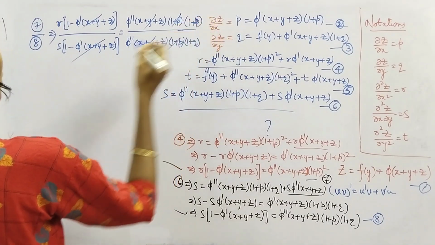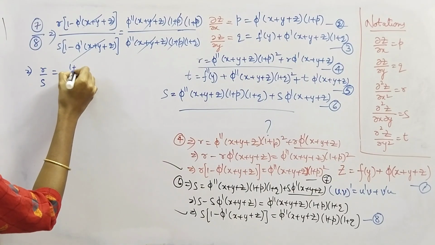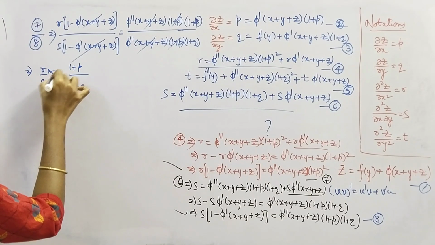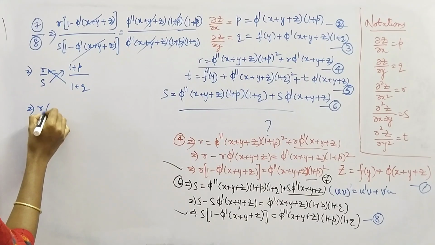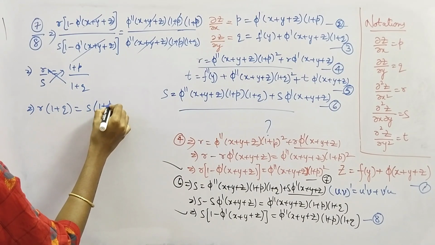This results to r by s equal to 1 plus p by 1 plus q. Now make a cross multiplication to simplify it. This gives us r times 1 plus q equal to s times 1 plus p.